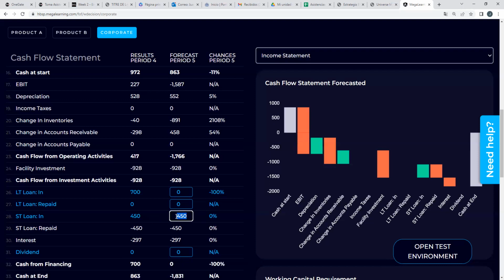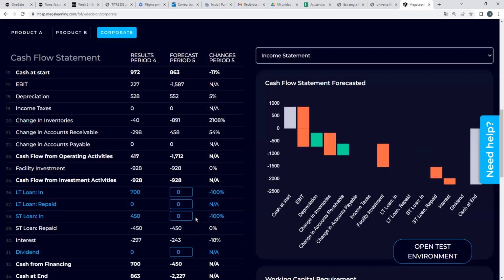Remember that the short-term loan pays interest of 12%. So probably you think, no, I do not want to do it, so you put 0. So you are going to have a 100% reduction, because you are not going to take the short term in this round.